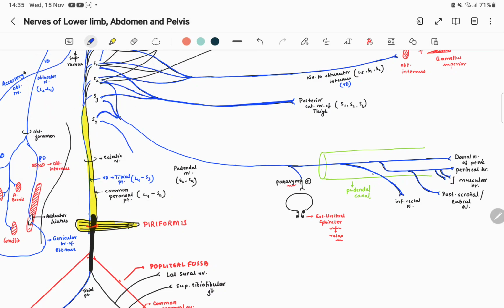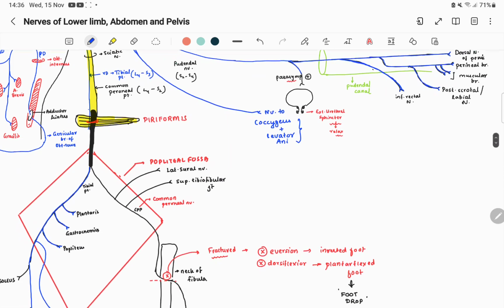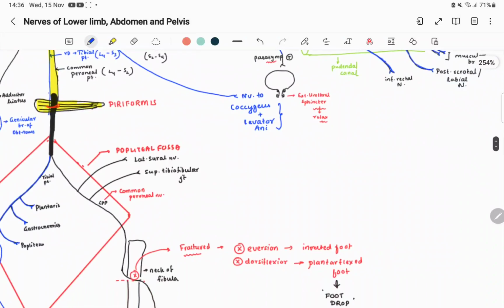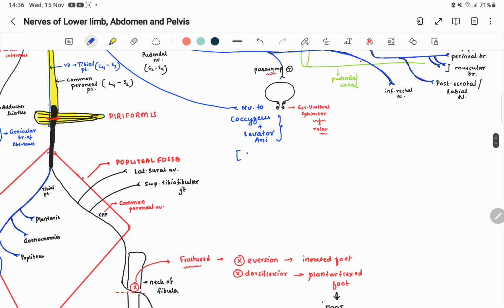You know about coccygeus and levator ani; you have read this in your pelvis part. Nerve to coccygeus and levator ani, and the root value will be S3 and S4.